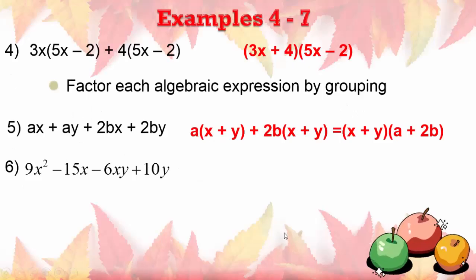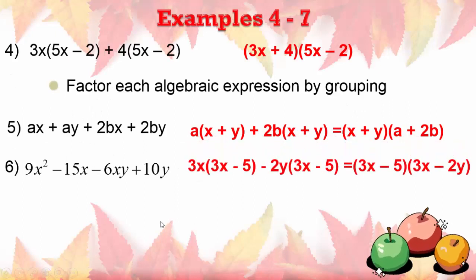So we found on the whiteboard when we worked it out, we got these two the same, the 3x minus 5, so we could factor that out, and then we can multiply it by what was left over, the 3x minus 2y.